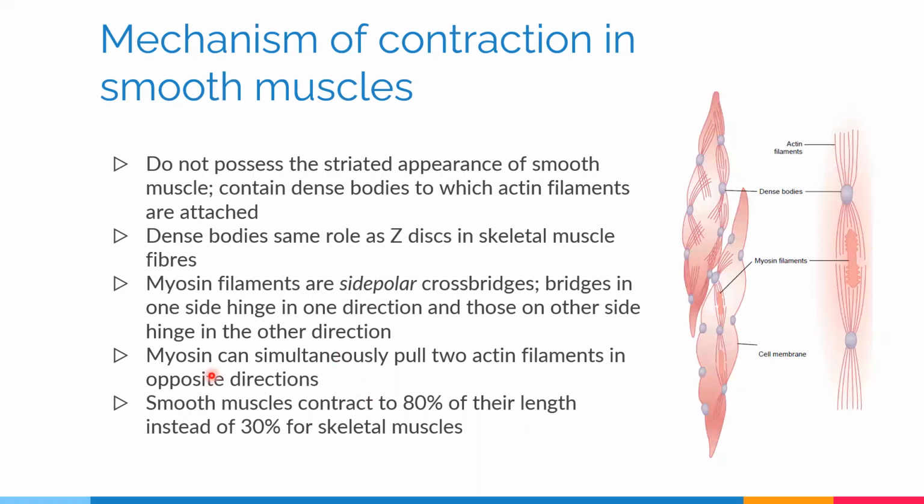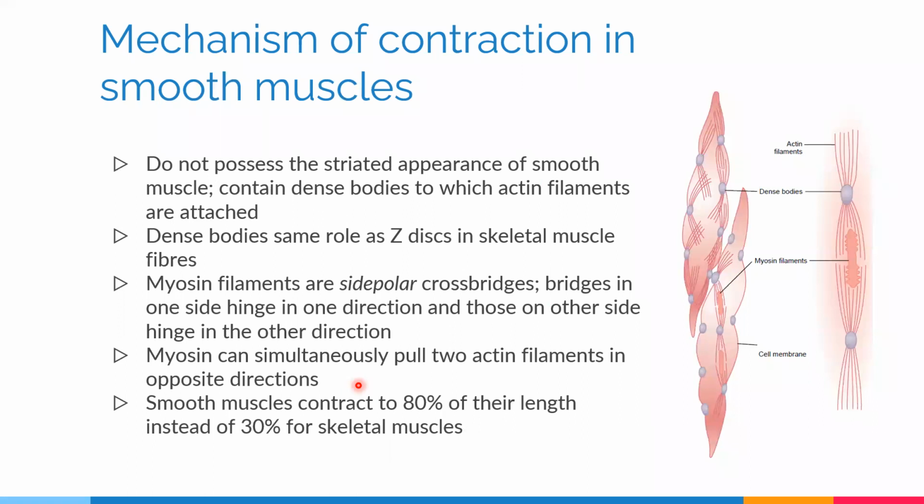The myosin can simultaneously pull two actin filaments in opposite directions. We can imagine that the myosin is present and actin filaments are present on either side of it, as we'll see in the following slide, which has a schematic of it.